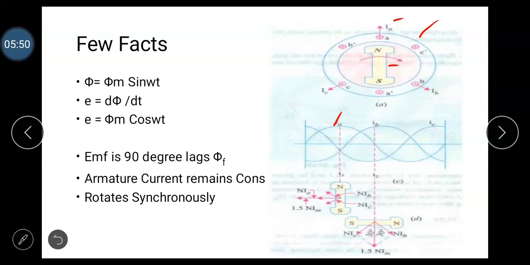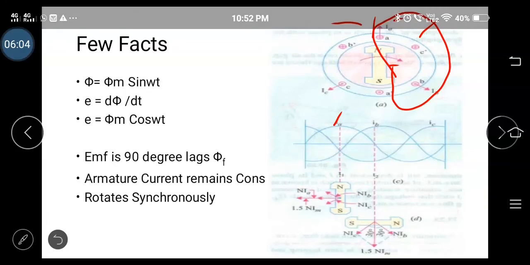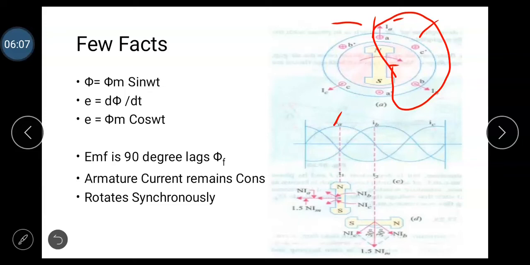Now these three will be on the north pole side and these three on the south pole side, so the direction of the rotating magnetic field also changes, but the resultant is the same. Similarly for the current IC, the flux is rotating in nature but has a constant value. So this is the first fact.